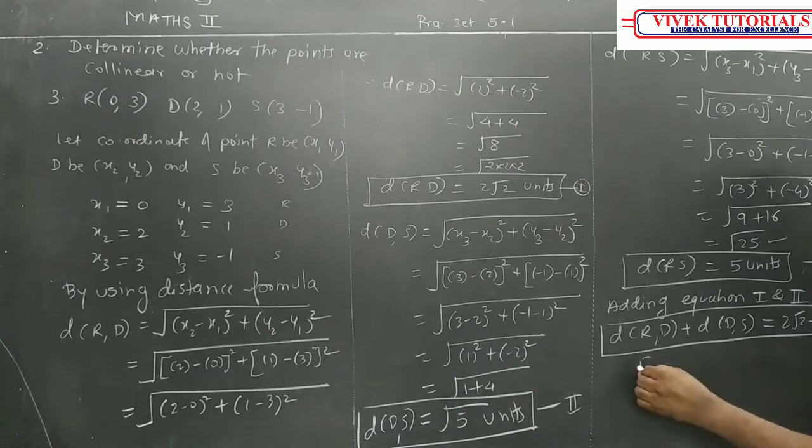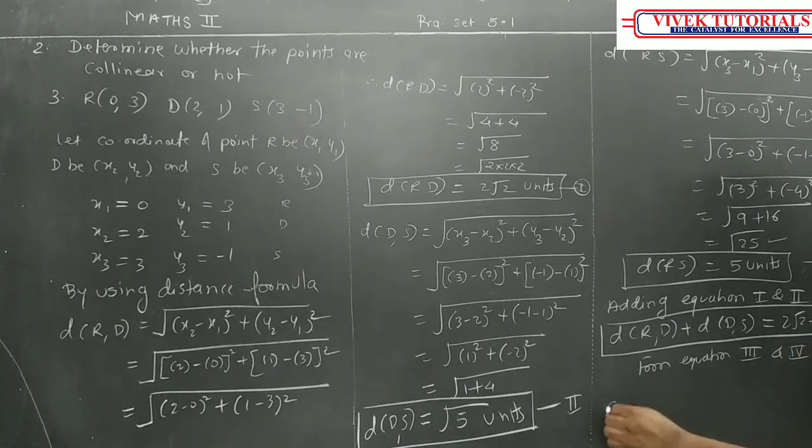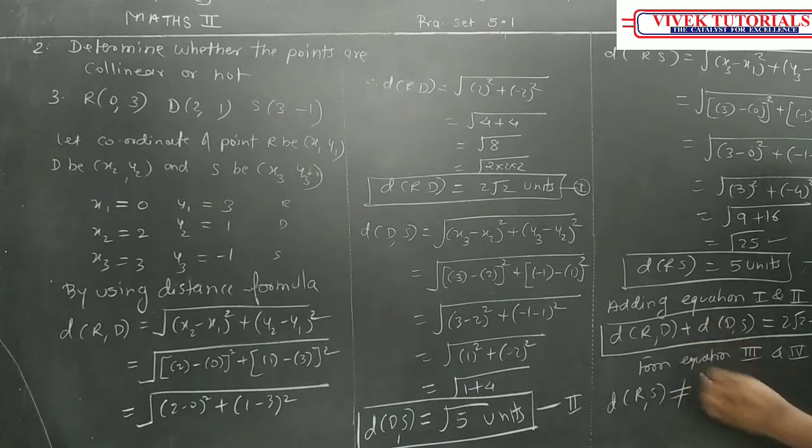Therefore, from equations 3 and 4, what I can write is distance RS is not equal to distance RD plus distance DS.